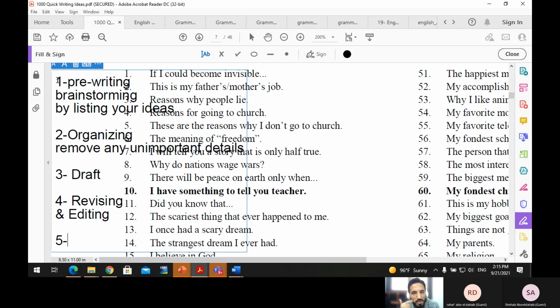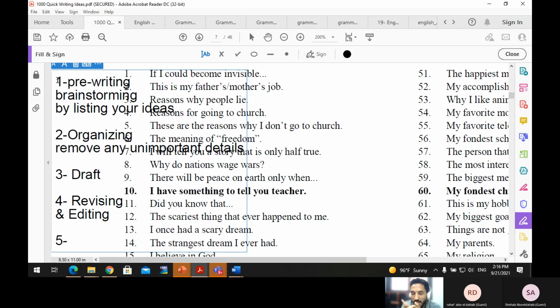Editing. You're going to correct the spelling mistakes, the grammar mistakes, the vocabulary choice mistakes. It's important to correct all of these mistakes. Punctuation mistakes. So there are four common mistakes: punctuation mistakes, vocabulary choice mistakes, grammar mistakes, spelling mistakes.